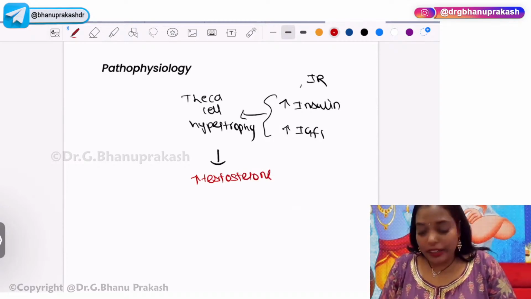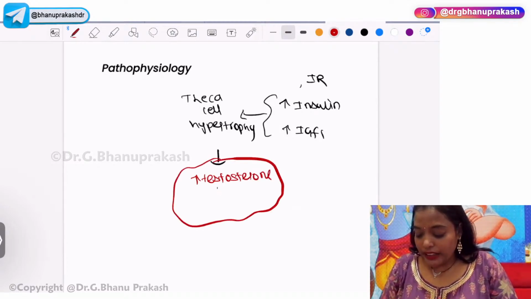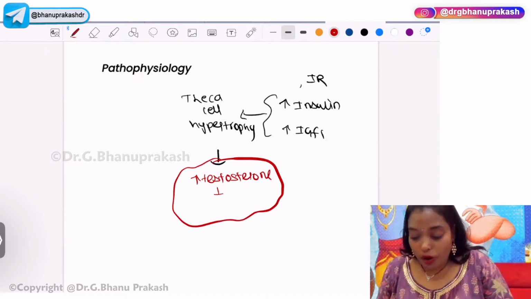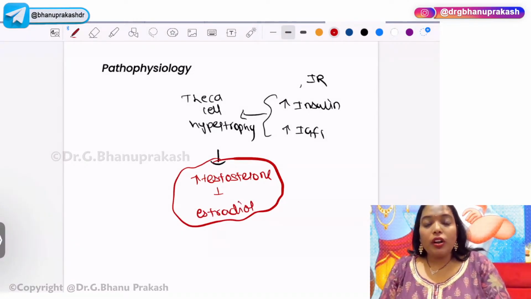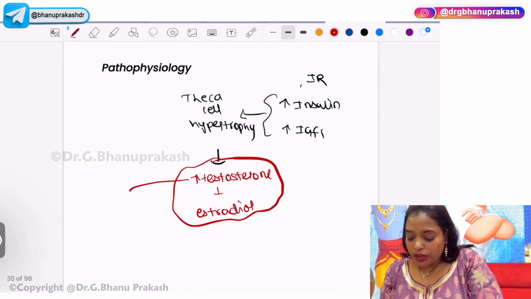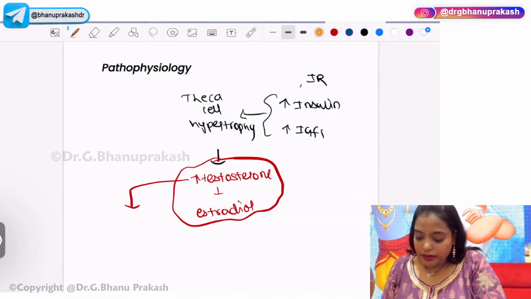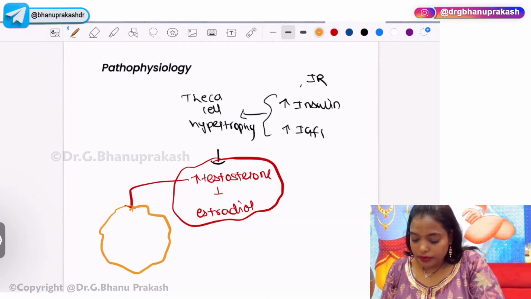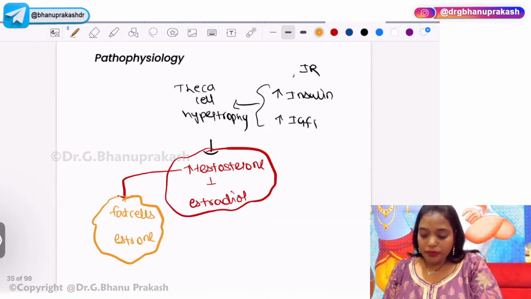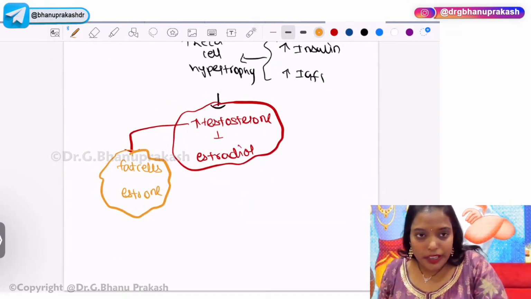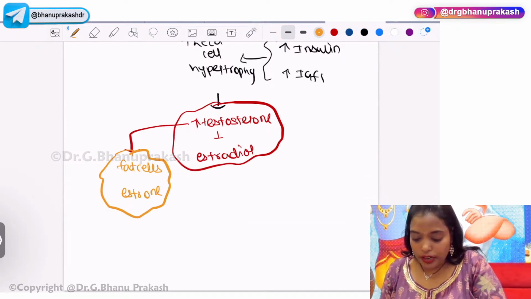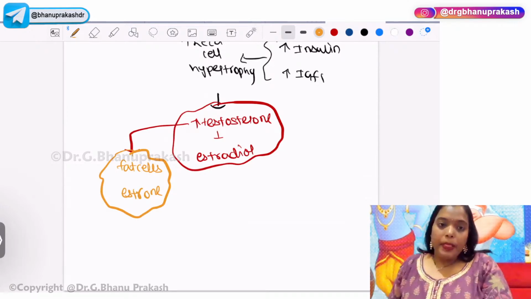This testosterone will enter into the ovary where it gets converted into estradiol. Some amount of the testosterone also goes into the fat cells, where it gets converted into estrone, right?